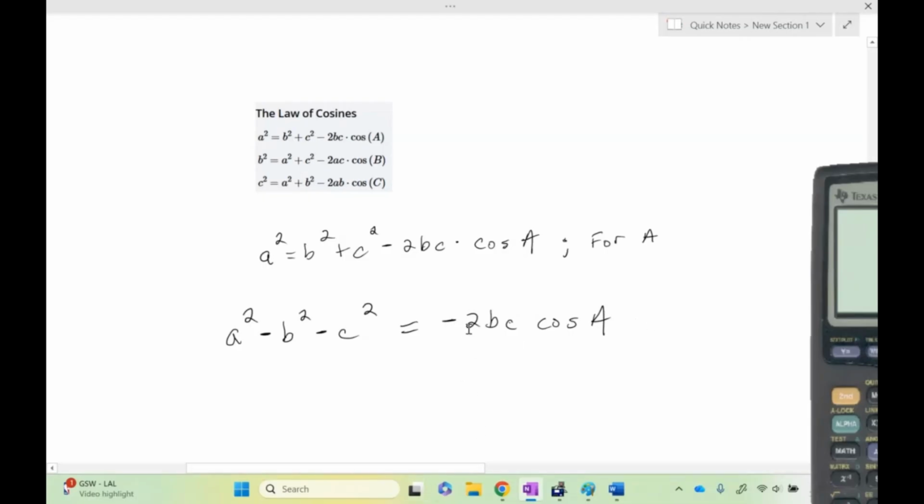The next thing I'm going to do is divide both sides by negative 2bc.